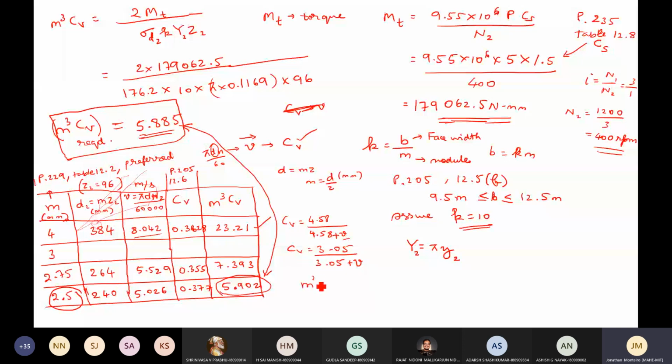So you can say that m cube CV adopted should be greater than m cube CV which is required, and if this condition has been satisfied, hence the design is safe from strength point of view.